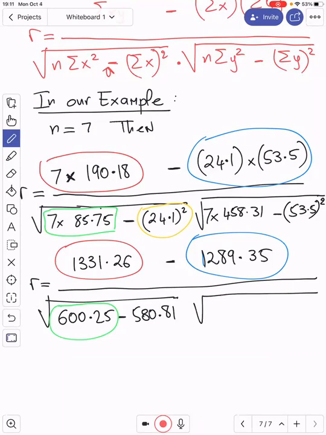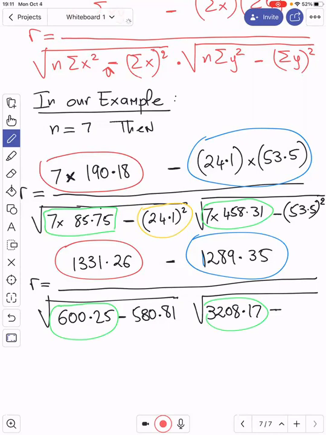So you have this 7 times the 458.31. If you use your calculator, that will be equal to 3,208.17, minus the 53.5 square.